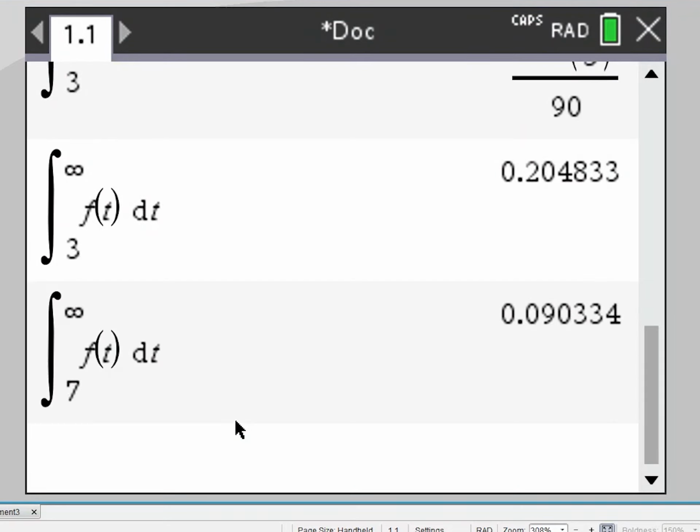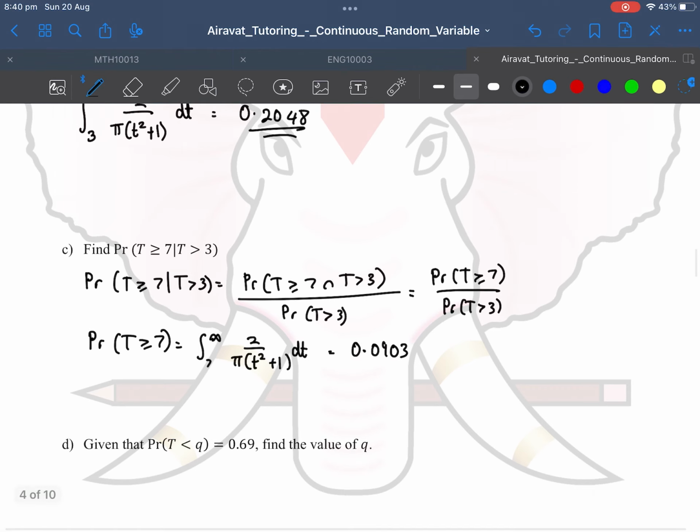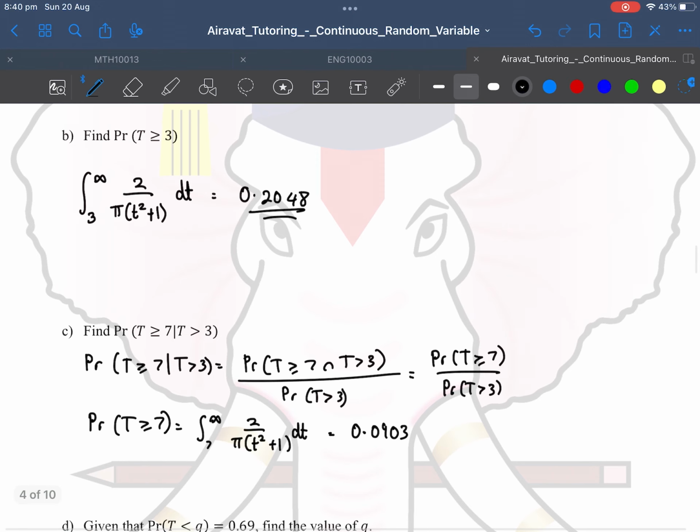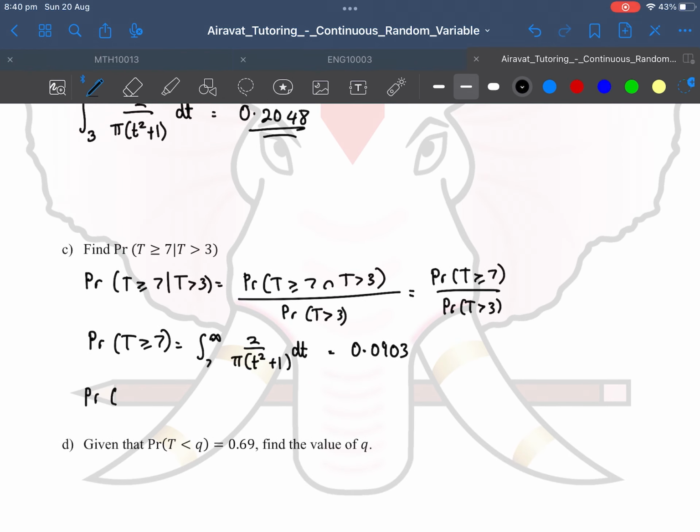Press control enter, and there you go, that's how you do it. 0.0903, and we already calculated the probability that t is greater than 3. Again, these two, the sign doesn't matter, as I went through earlier. It's going to be the same exact thing. So the probability of t greater than 3 is equal to the probability of t greater than or equal to 3, which is going to be 0.2048.